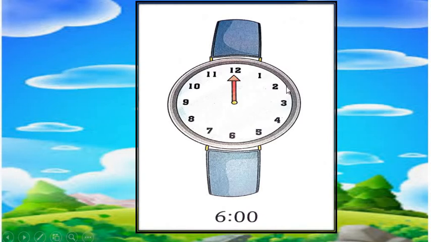Draw the clock. You can take the help of a bangle. Write numbers 1 to 12 on it. Leave some space between two numbers.